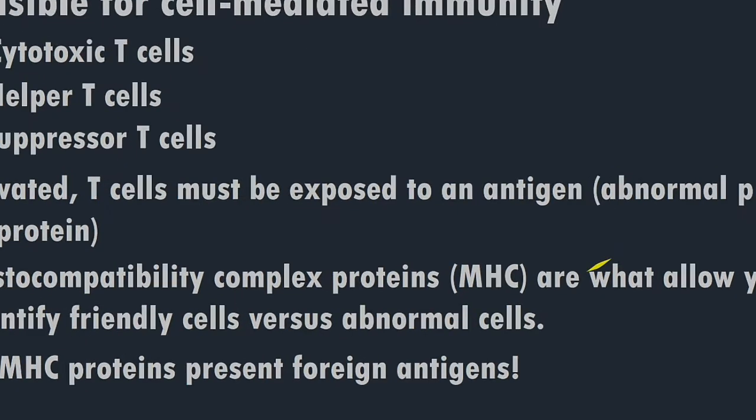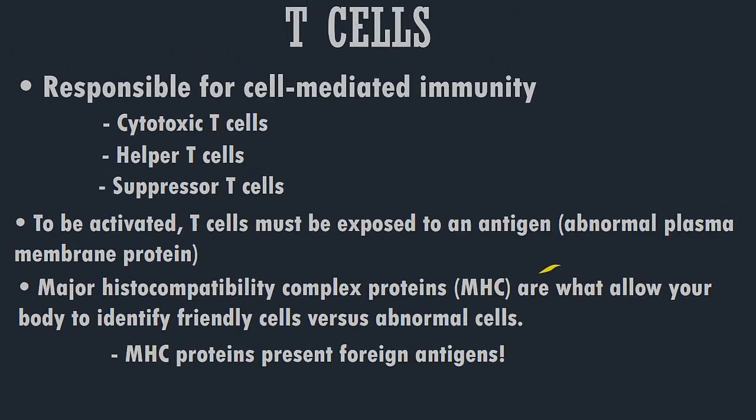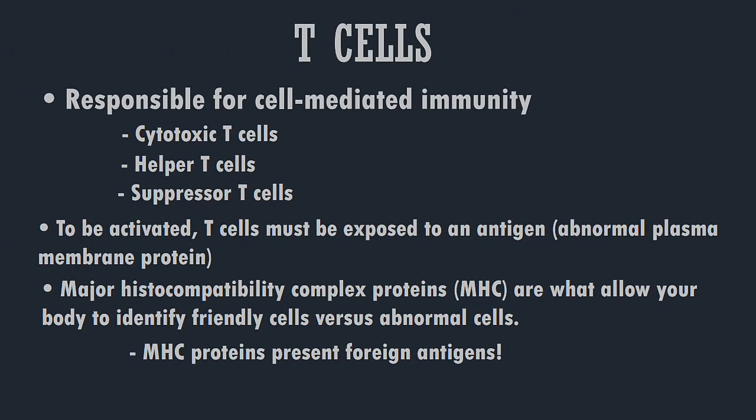When we say abnormal cells, it basically means viruses, though a virus is not really a cell, as well as bacterial cells and parasitic cells. These are going to have a certain protein composition, certain kinds of antigens that are not normal. And MHC proteins present foreign antigens.